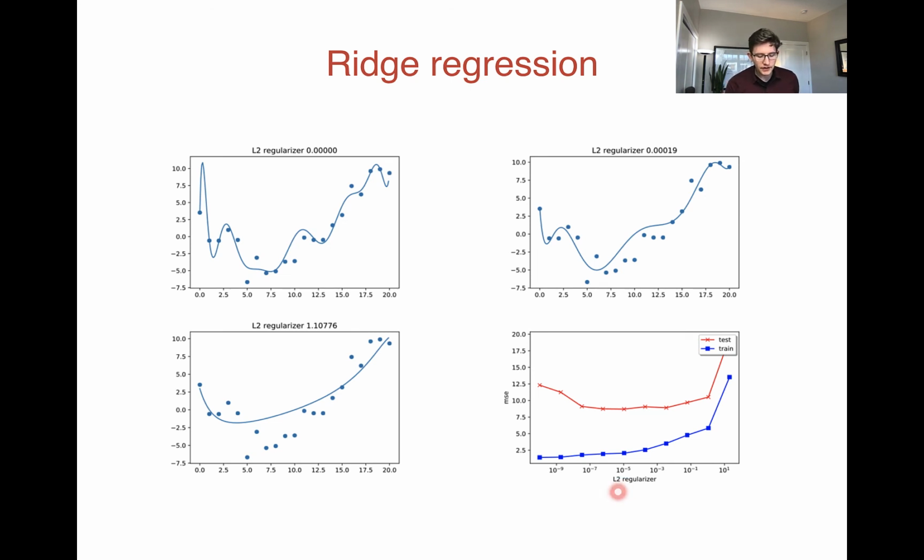But as we increase the regularization, notice that at first our error comes down, and then as we increase it to the point where the model almost can't learn anything, the error comes back up. So a common way to choose that regularization weight is to find the minimum on the validation set.